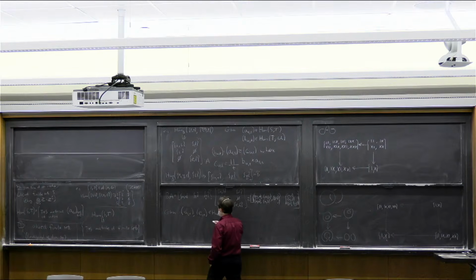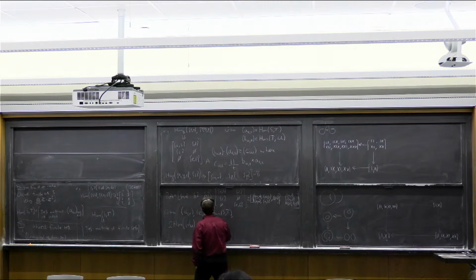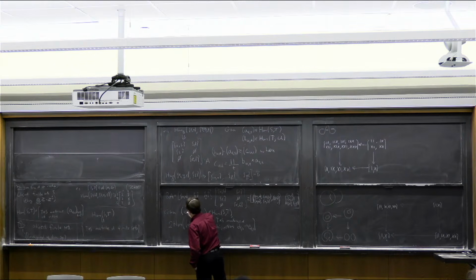So I can talk about the 2 Hom from the matrix D to E. This is the set of T by S matrices of bijections from D_TS to E_TS. Yeah, these should have been DTS and ETS.